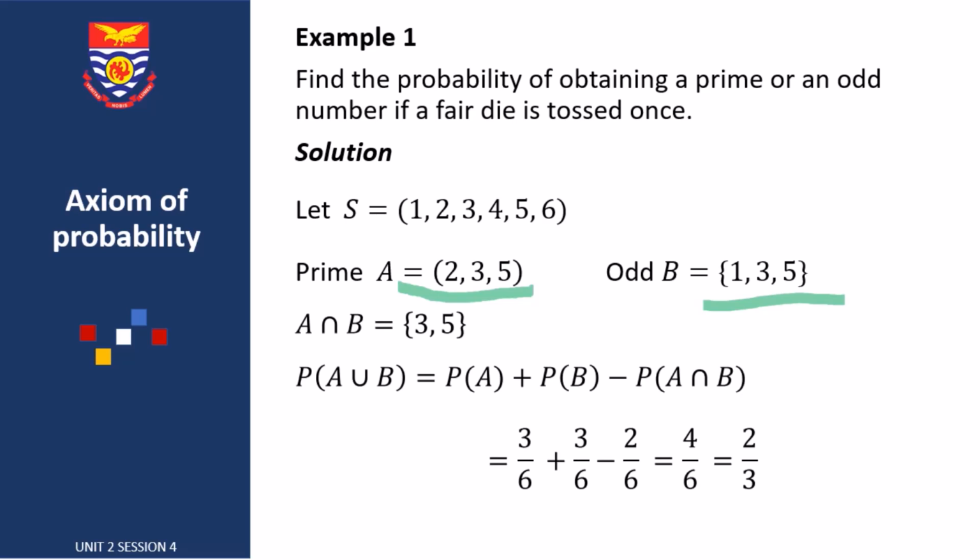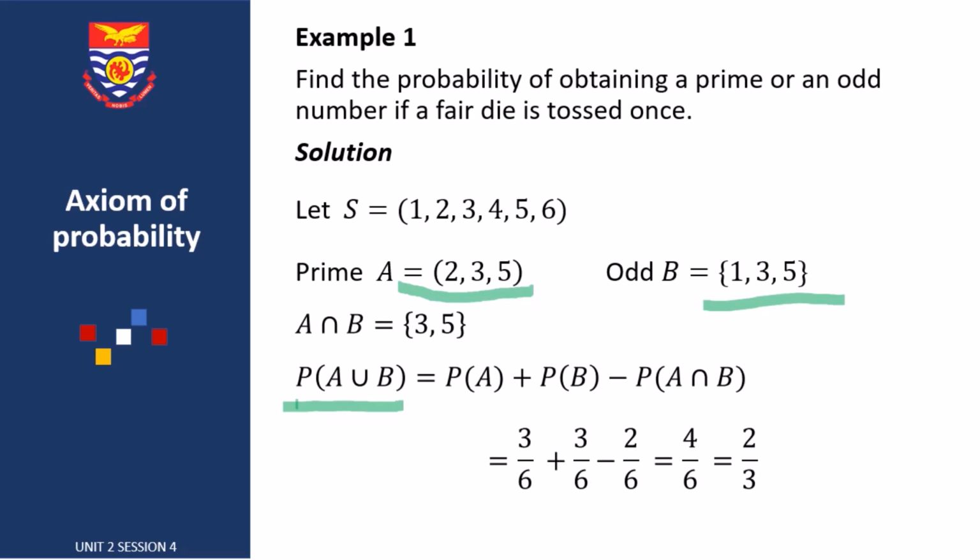A prime or an odd number simply means prime union odd. So it can be written as P of A union B, and per the fifth axiom this is equal to probability of A plus probability of B minus probability of A intersection B.